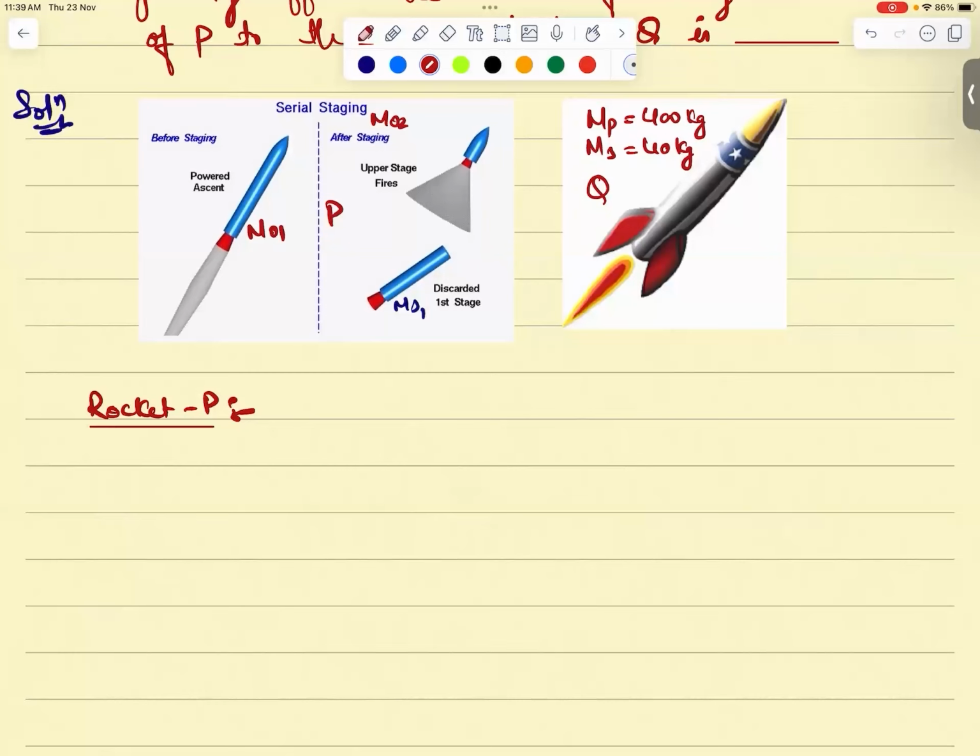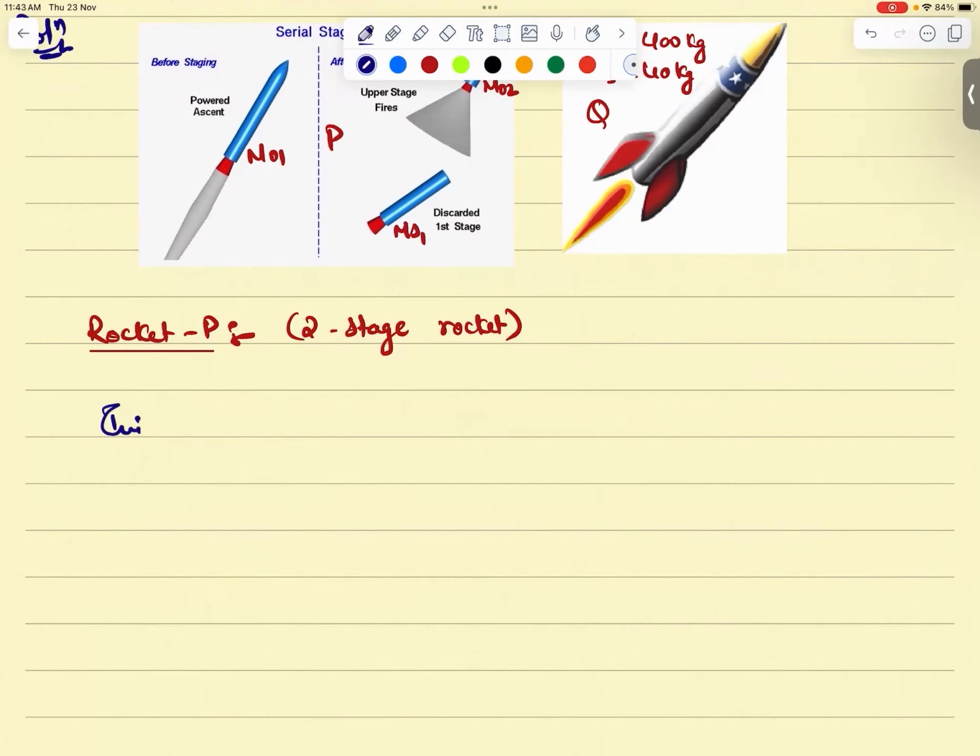After staging, the initial mass would be m02. Mass of the structure left out is ms1, that is discarded before igniting the second stage. So you write initial mass of stage 1. At the beginning of stage 1, what is m01?